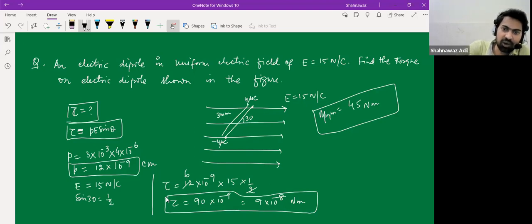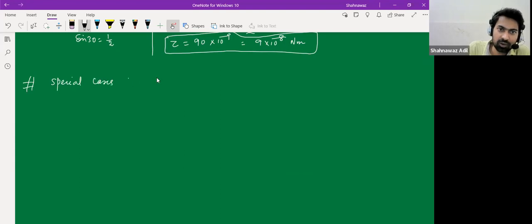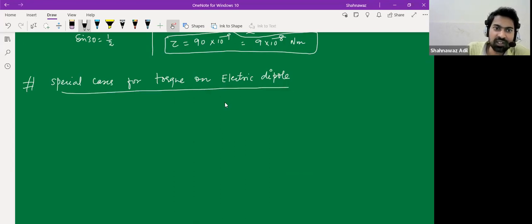Okay, so now let us talk about the different conditions for the torque on an electric dipole. Special cases for torque on an electric dipole. The first condition is when the torque will be maximum.